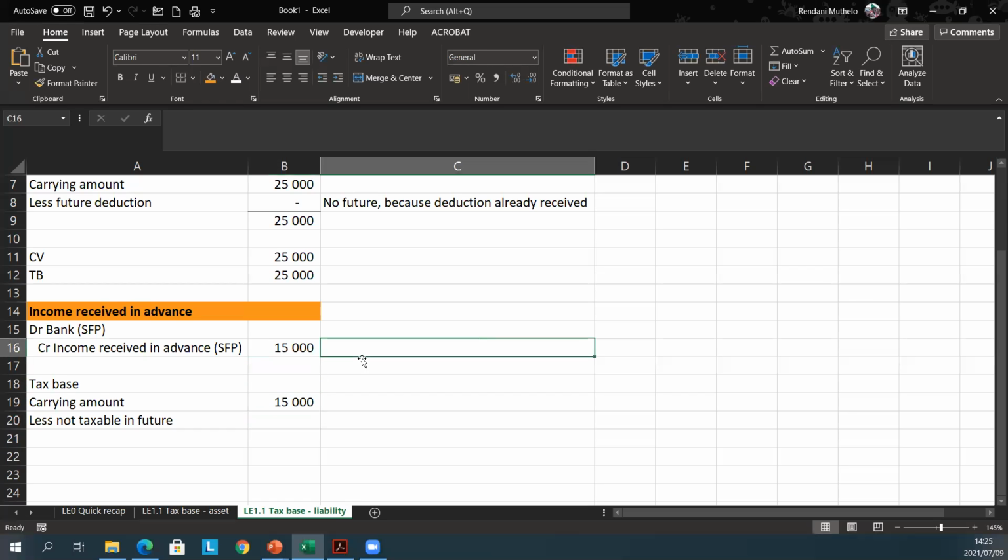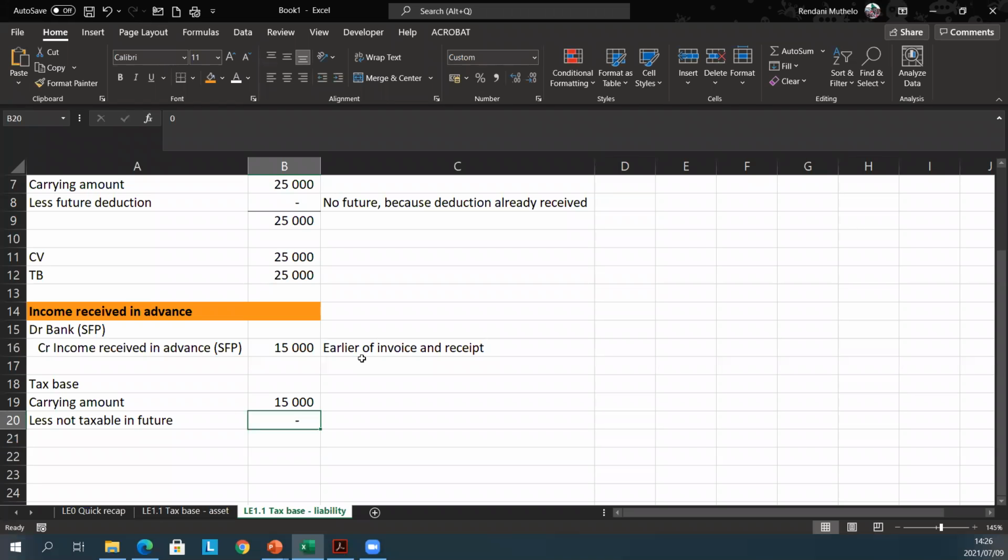Now, will SARS have taxed this amount? Remember they tax the amount on the earlier of invoice or receipt. Did we receive the money? Yes, it is income received in advance, so SARS taxed it. Will they tax us again when we actually do the work? No, there are no future tax implications.